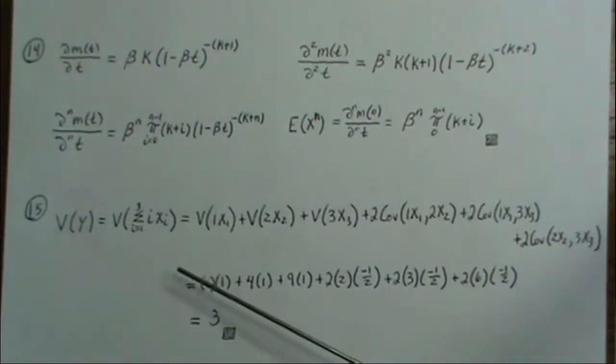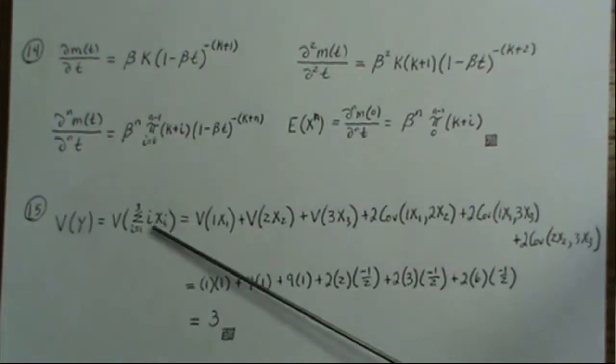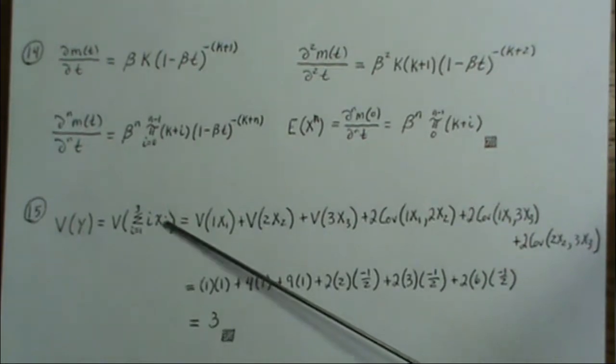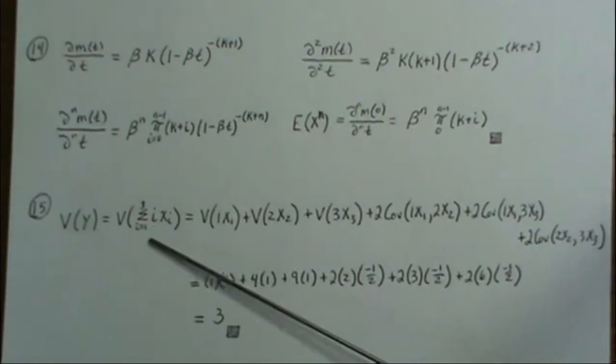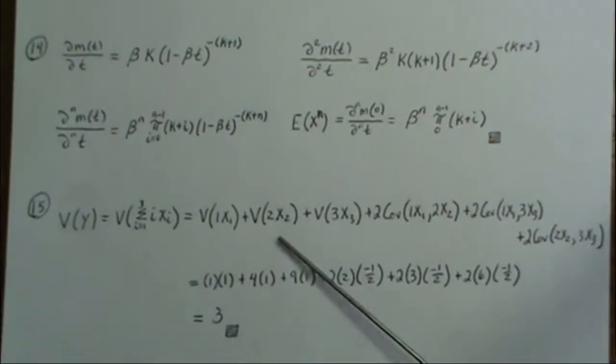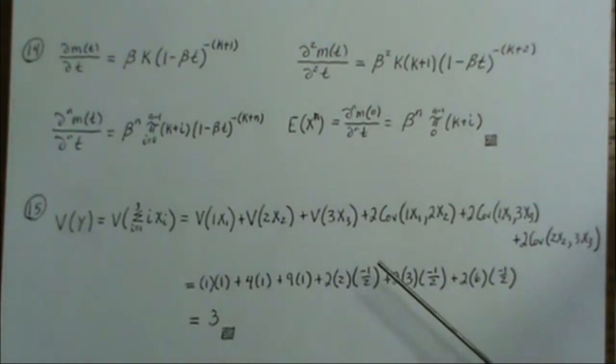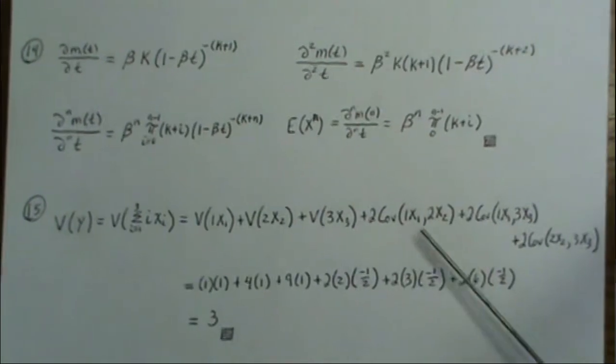So we take the variance of x1, x2, x3 with, don't forget about the coefficient in front, which is what this piece represents. And then we take the covariance of each of the combinations.